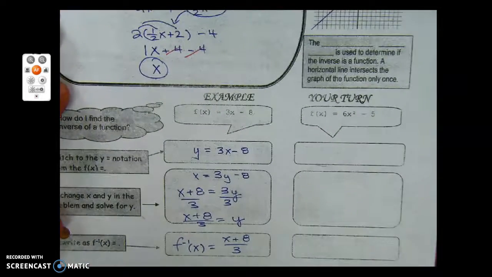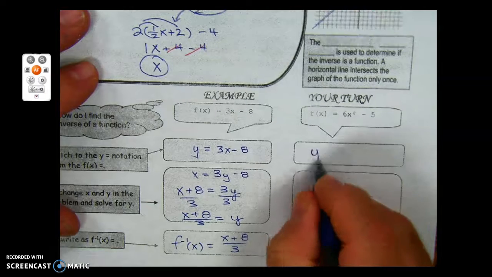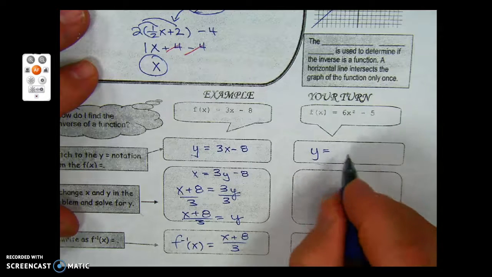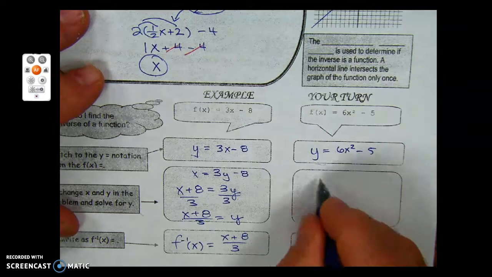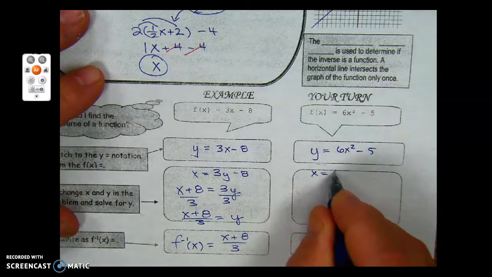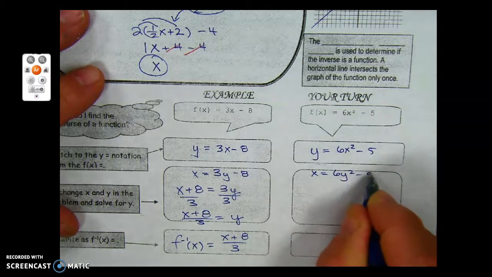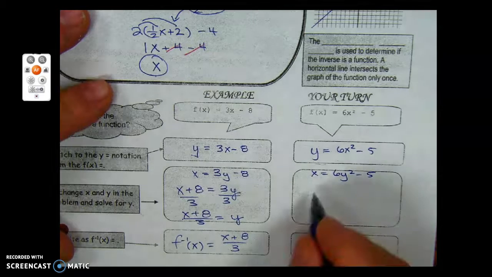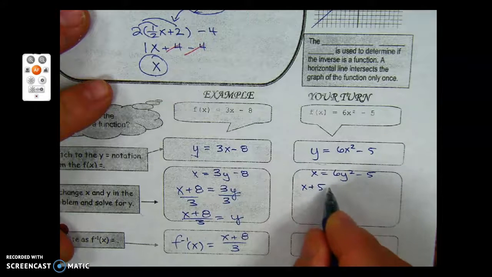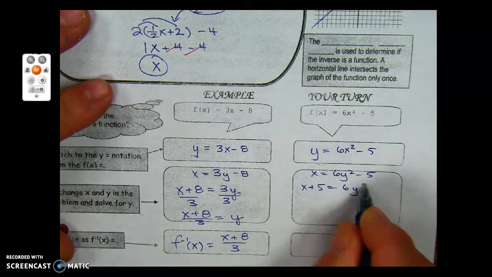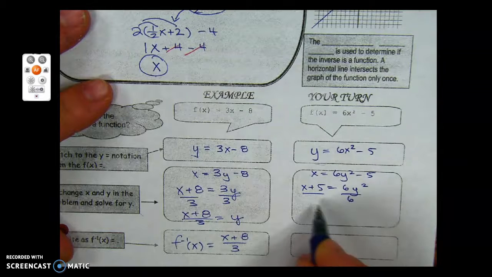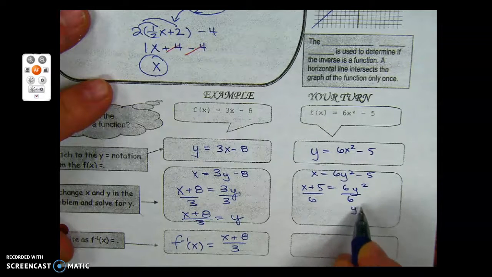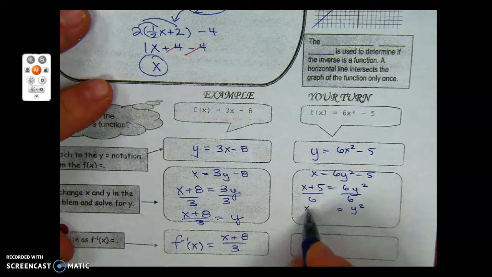This one's a little tougher, but I'll just do it real quick, and then we'll be done for the notes today, believe it or not. Y equals 6x squared minus 5. X equals 6y squared minus 5. Now I've got to add 5 to both sides. X plus 5 equals 6y squared. Divide both sides by 6. Y squared equals x plus 5 over 6.